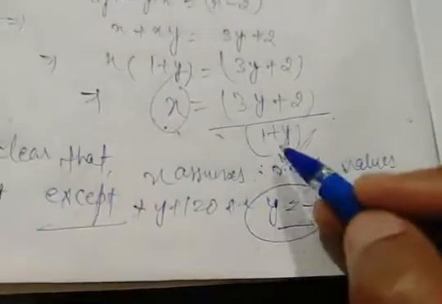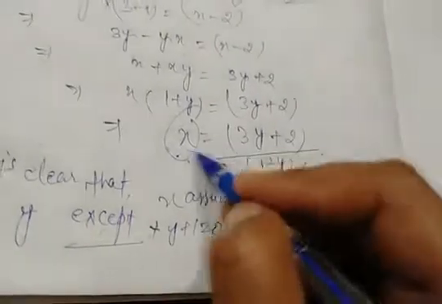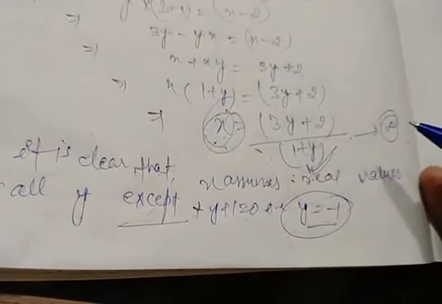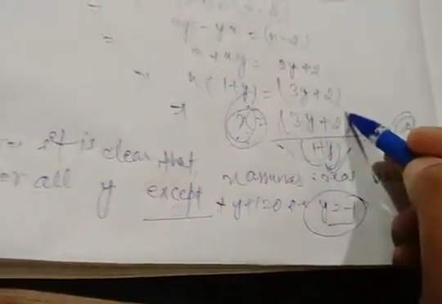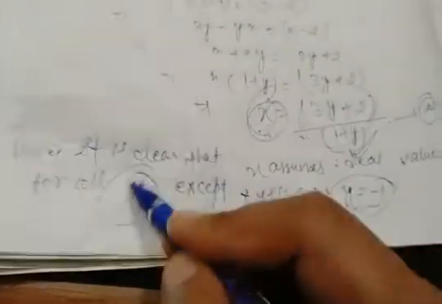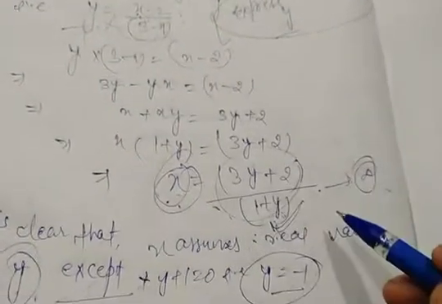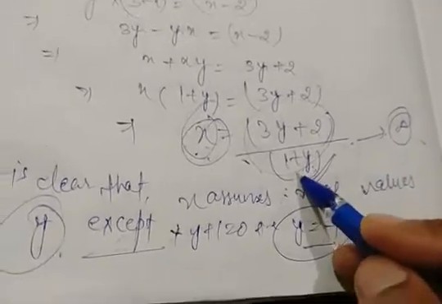Okay, if suppose we put y is equal to minus 1, then the value of x is not defined. So x assumes real values for all y except minus 1.